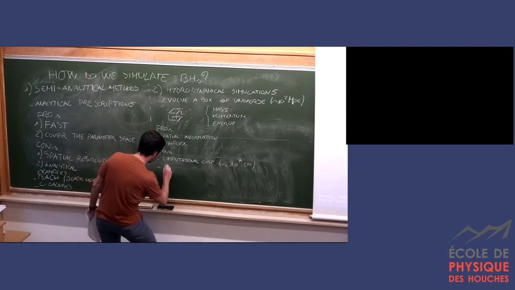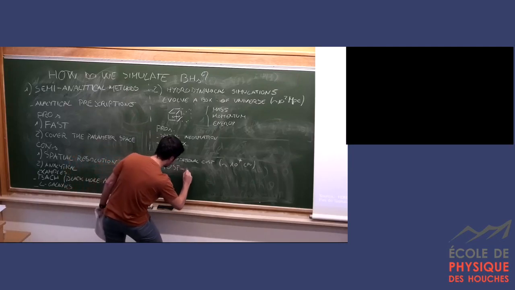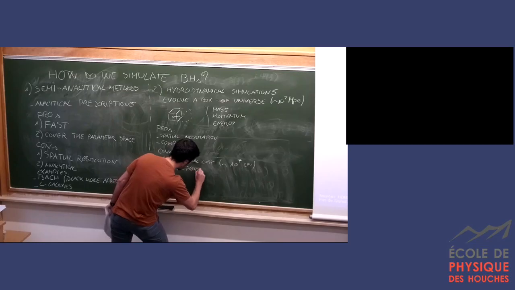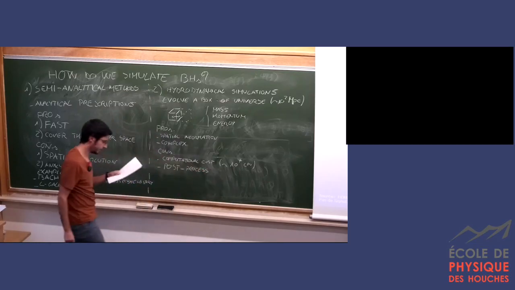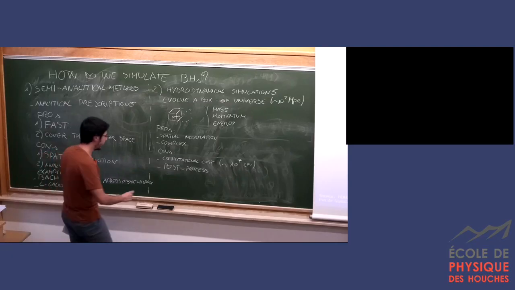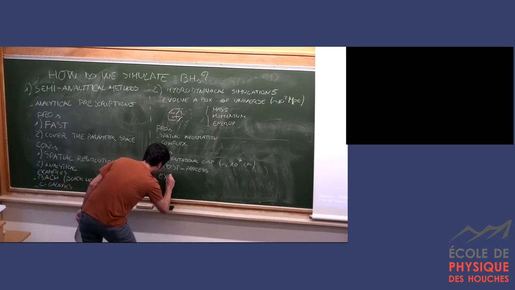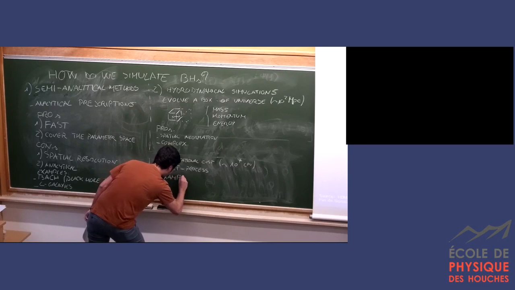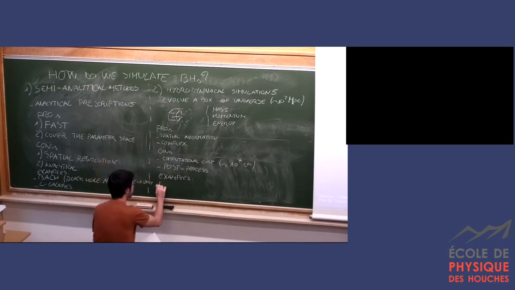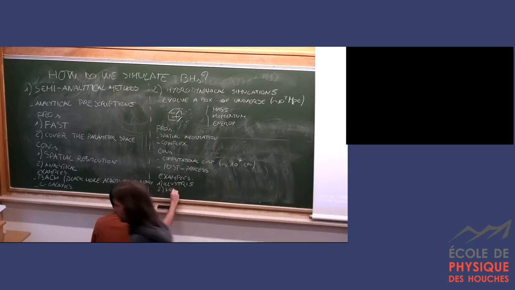So sometimes they need post-process. Famous examples are, for example, the Illustris, or Horizon AGN.